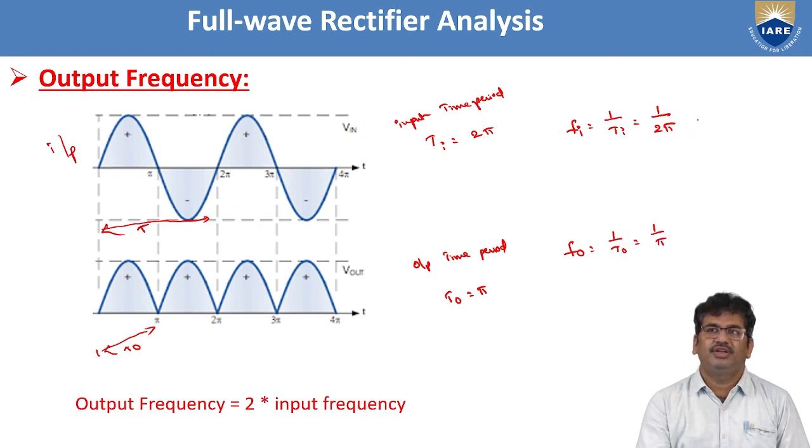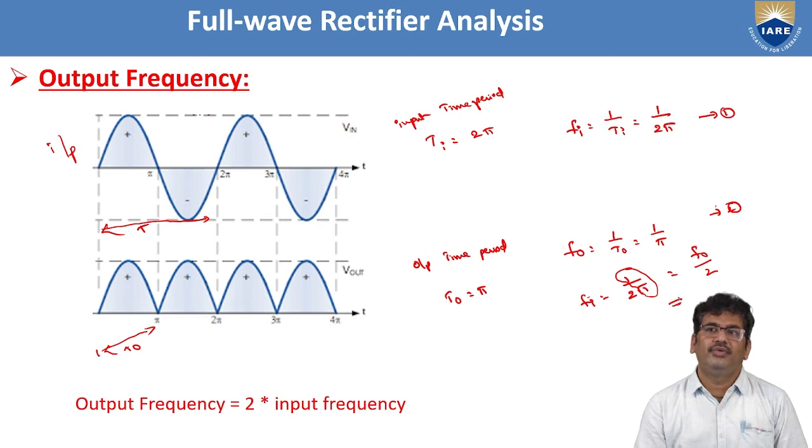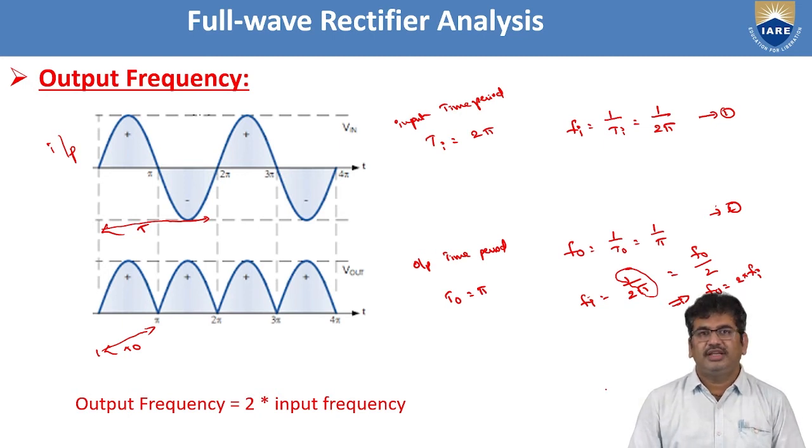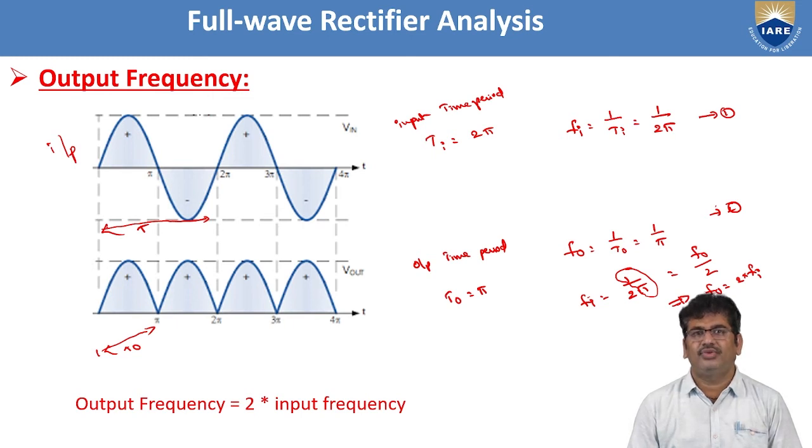From expression 1 and expression 2, we can write Fi equals 1 by 2 pi, where this 1 by pi we can write as f naught, so that we get f naught by 2, which we can rewrite as f naught equals 2 into f. So the output frequency of the full wave rectifier is double the input frequency. Whereas for the half wave rectifier, the output frequency is equal to the input frequency.